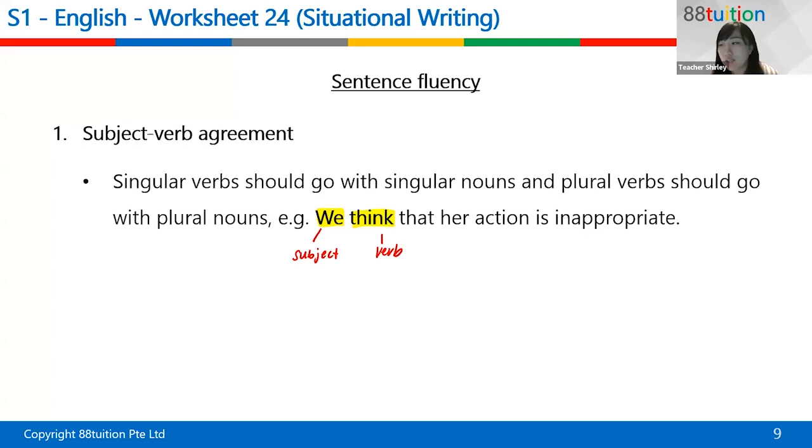What we are covering today is sentence structure and sentence fluency in situational writing as well as compo. I was just highlighting the importance of it, because sentence variety is one of the aspects they look at when they mark your compo as well as situational writing, and it falls under language.